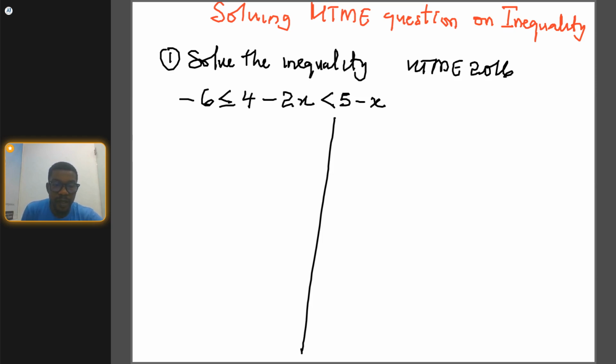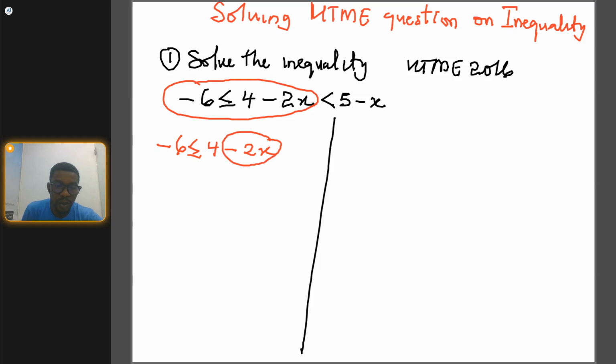We have this expression we are asked to solve. And to do that, we need to split it into two. We consider this expression first, which is minus 6 less than or equal to 4 minus 2x. If I do collection of like terms, if I take this to the other side, I'm going to have 2x less than or equal to 4.